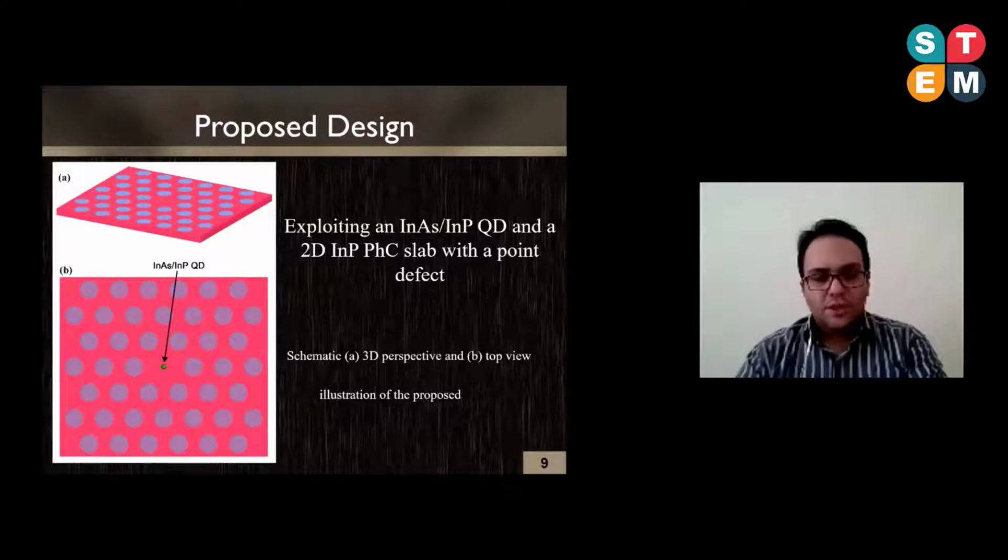As can be seen here, a point defect is introduced into this photonic crystal slab by removing the innermost hole, where an indium arsenide quantum dot is located. The slab is indium phosphide, and the quantum dot is indium arsenide, located within the innermost hole.